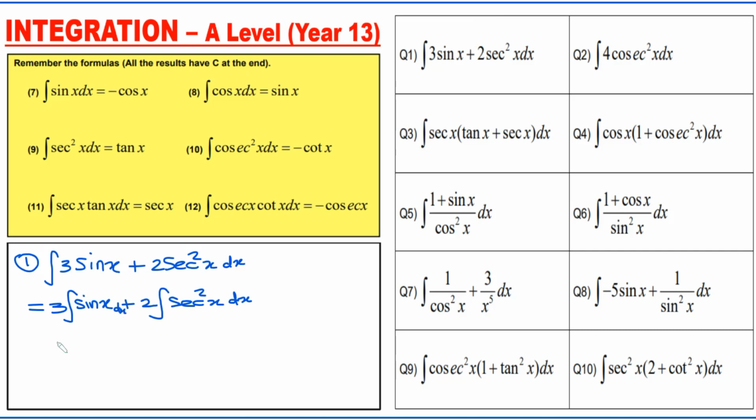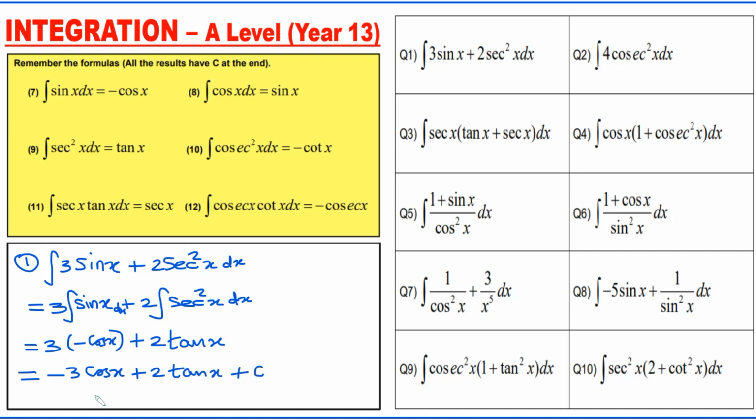We are integrating with respect to x. So now 3 is a constant. Integration of sin x is minus cos x plus 2 sec squared x integration is tan x. So the answer is minus 3 cos x plus 2 tan x plus c.